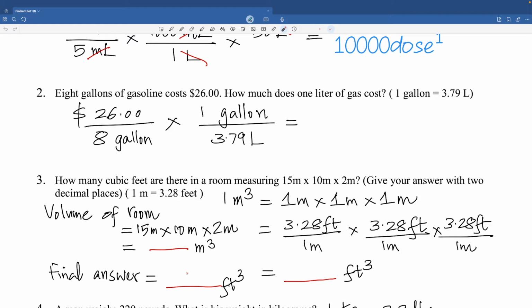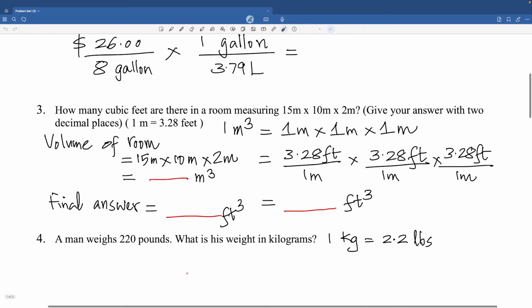Remember that. Number 4, a man weighs 220 pounds. So that's the unit of weight in America, but in the SI or the international system, we need to have the weight in kilograms. Okay, so kilograms, and we know the conversion. We must know the conversion.